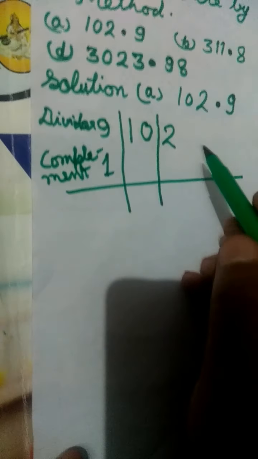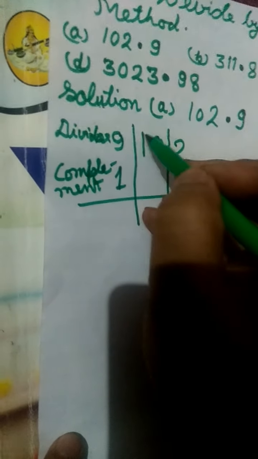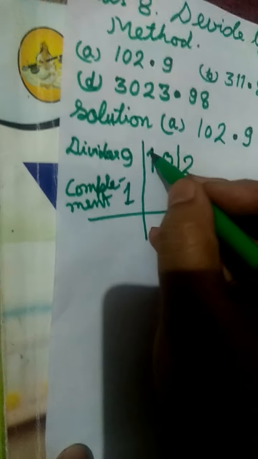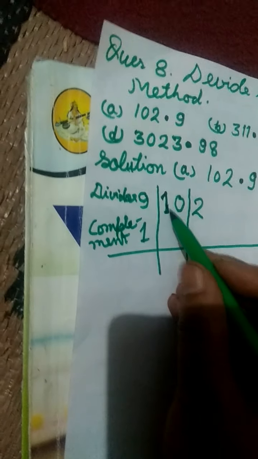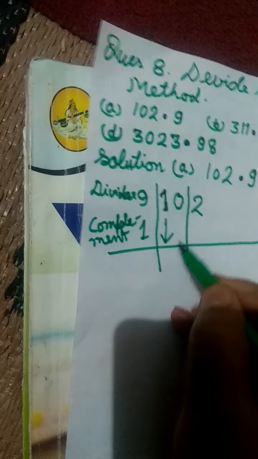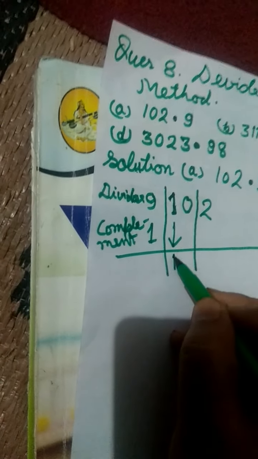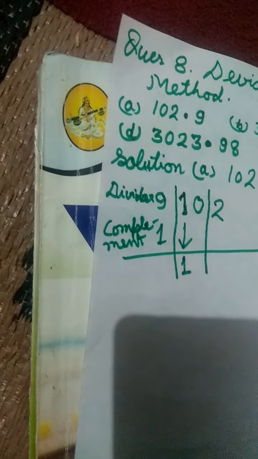First, we will start doing this question. We put the first digit of the dividend, 1, below the line.